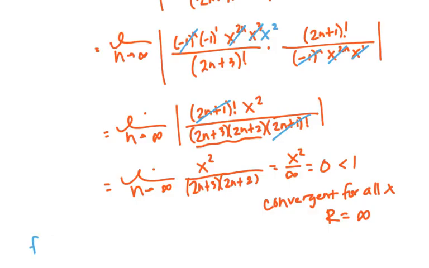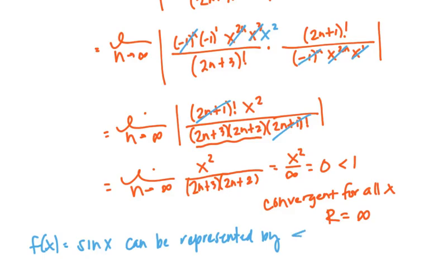Let's say f of x equals sine x can be represented by the series n equals 0 to infinity, we have negative 1 to the n, and then we have x to the 2n plus 1 over 2n plus 1 factorial, where r equals infinity.